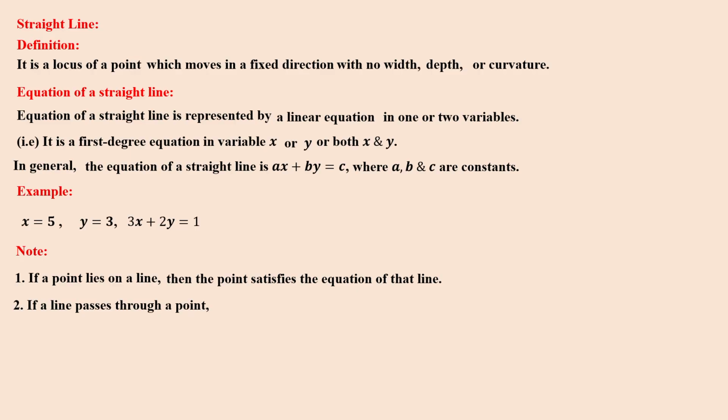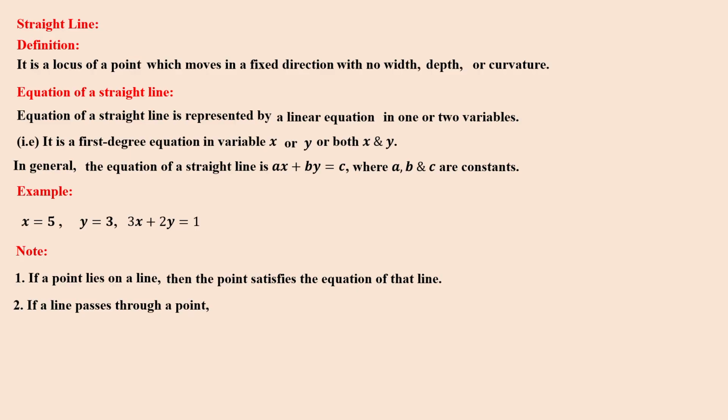For example, take 3x plus 2y equal to 1, and suppose you take the point (1, minus 1), where x is 1 and y is minus 1. The point (1, minus 1) lies on the line 3x plus 2y equal to 1.